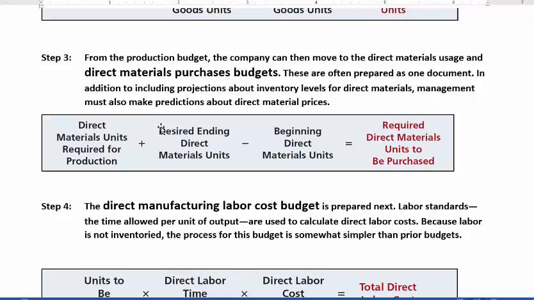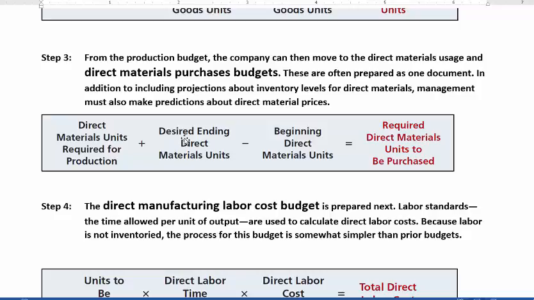Again, whenever you see the word desired, think of the word target. It is the number of direct materials units that management wants to make sure we have in raw materials inventory. When the people at Volkswagen close the books on the last day of the period and they go home and go to bed, I assure you they have stacks and stacks of steering wheels, stacks and stacks of seat belts.